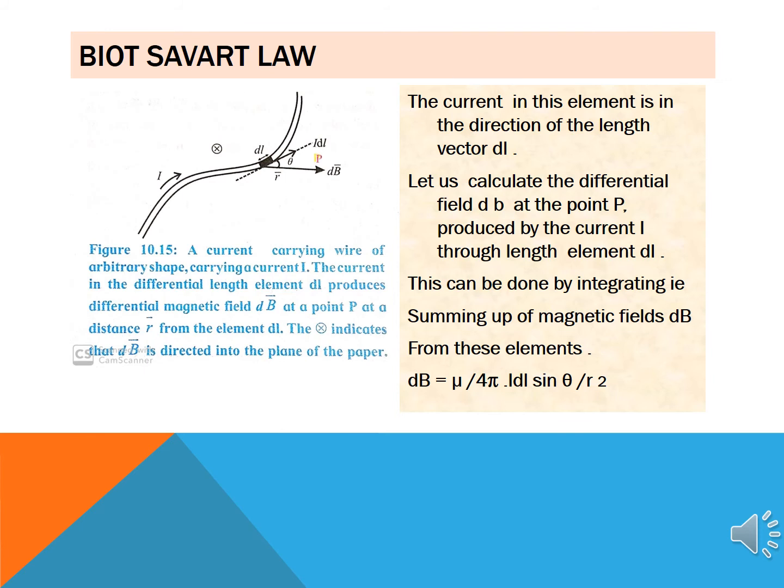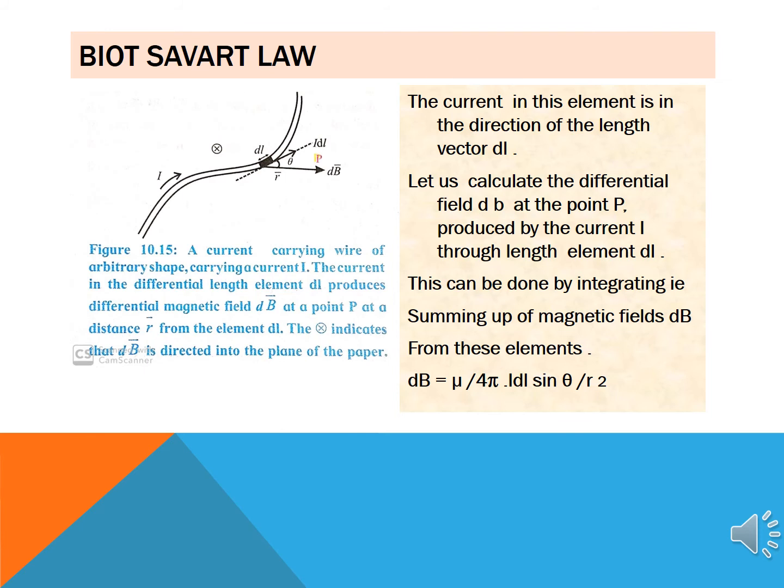Students, when you see the diagram, this is a current carrying wire of arbitrary shape carrying a current I. The current in the differential length element dl produces the differential magnetic field dB at a point P, which is at a distance r from the element dl, as you can see clearly in the diagram. The cross mark indicates that dB is directed into the plane of the paper.